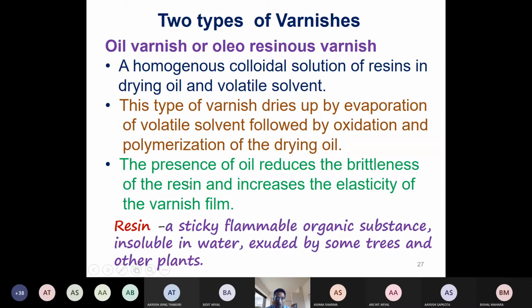The presence of oil reduces brittleness of resin and increases the elasticity of the varnish film. Resin means sticky, flammable organic substances insoluble in water. They are secreted by some trees and other plants. The sticky substance from plants, we call resin.